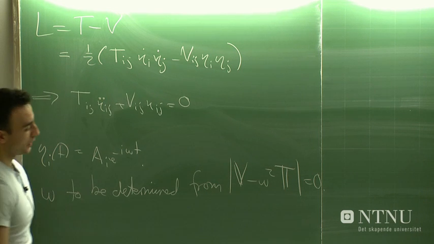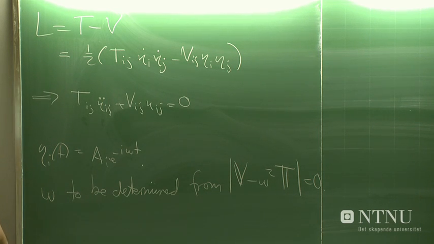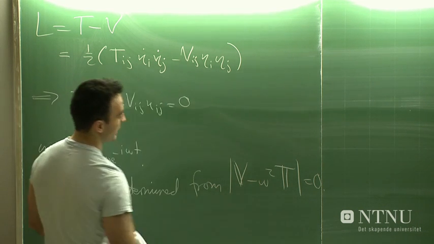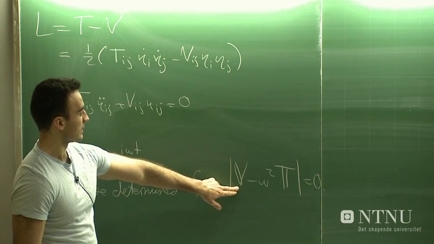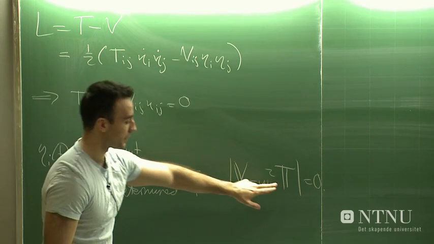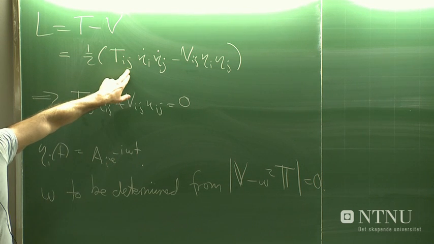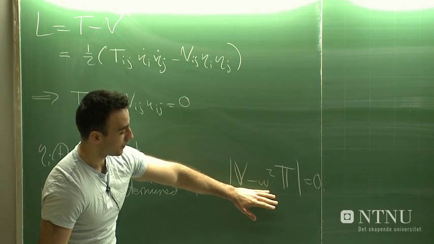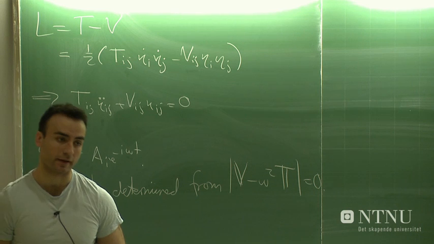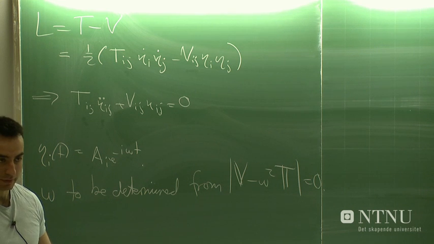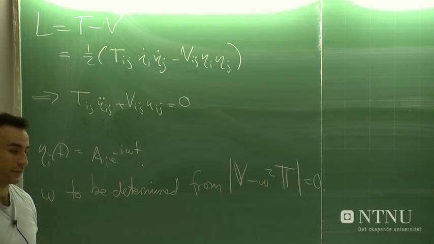And we found the following mathematical condition for determining these eigenfrequencies, namely that the determinant of this matrix, where V is a matrix containing these entries Vij, and T is a matrix containing these entries, would provide us with the possible solutions for omega squared. And we introduced the index alpha to label these eigenfrequencies.